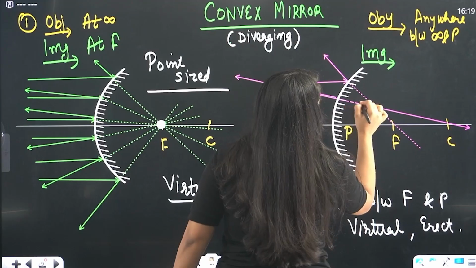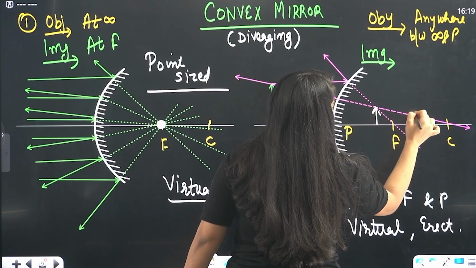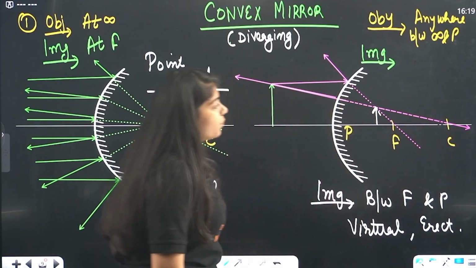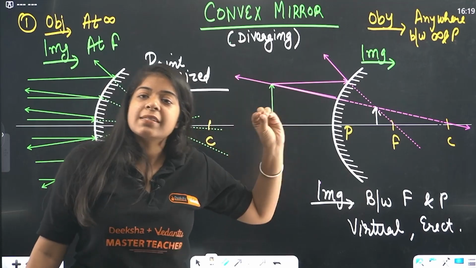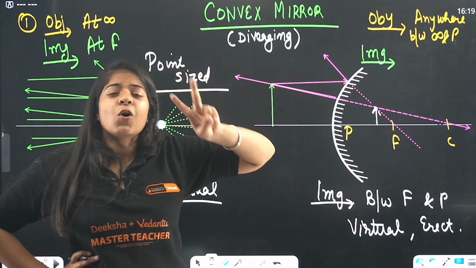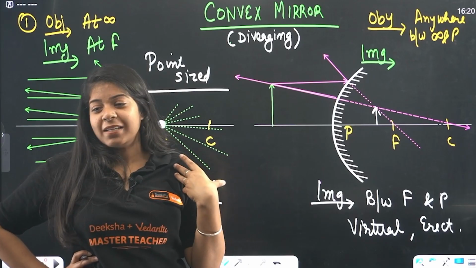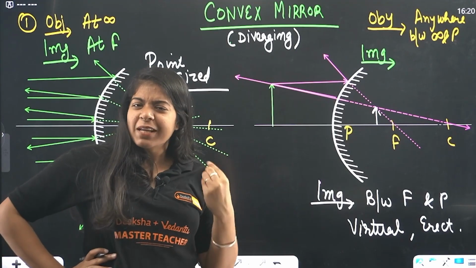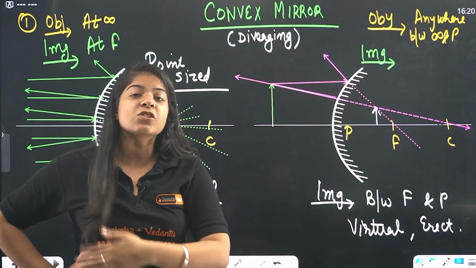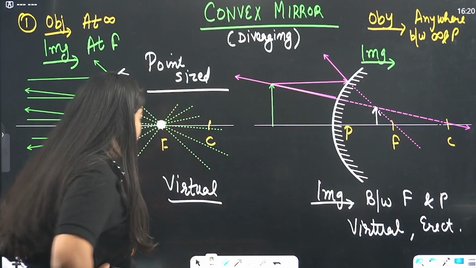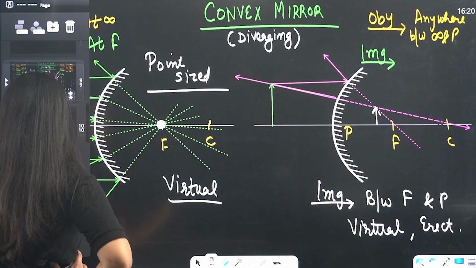This is not a real ray, this is also a dotted ray. So these are virtual rays that are meeting. Understood? Convex mirrors are also done and dusted, and mirror part is done. A little bit time taking this lecture is, I know, but if you see this, all your concepts will be clear. Then beta, moving on to lenses.